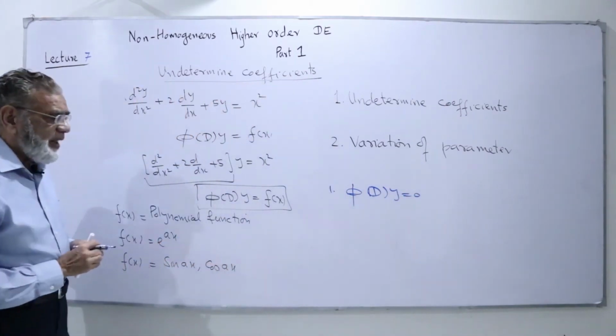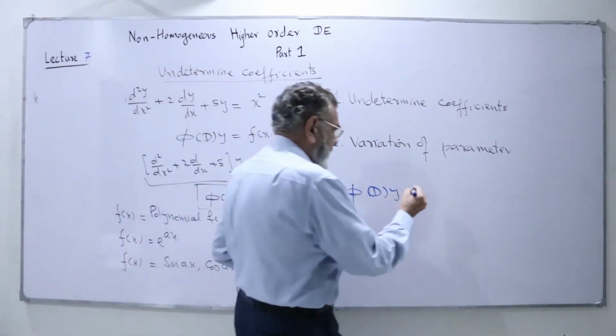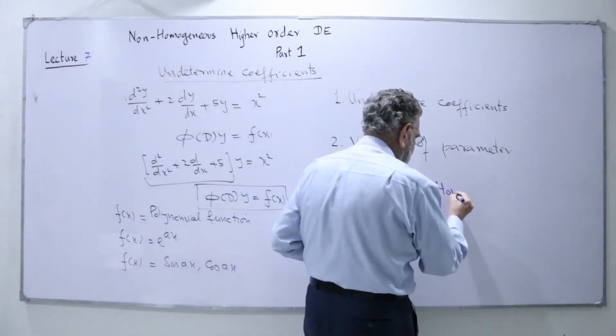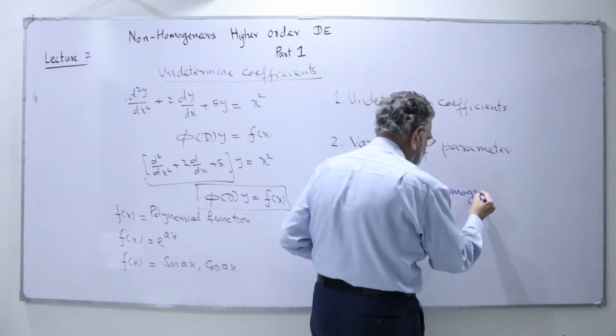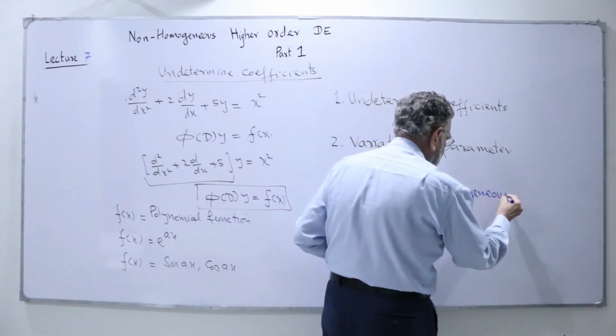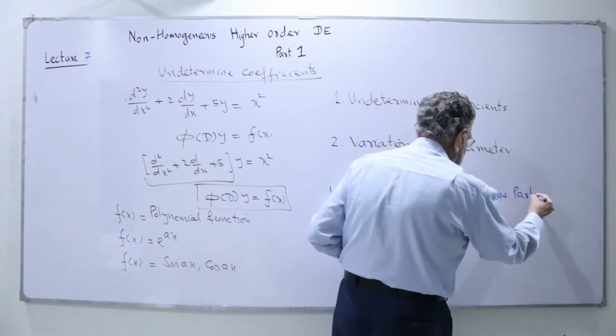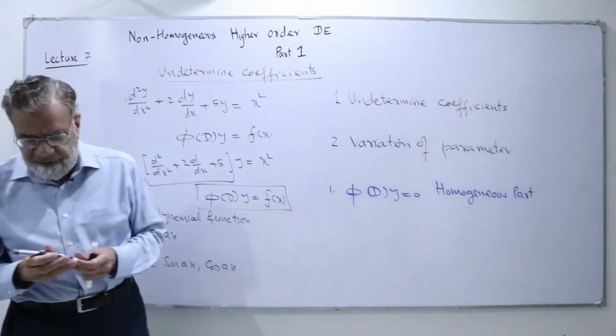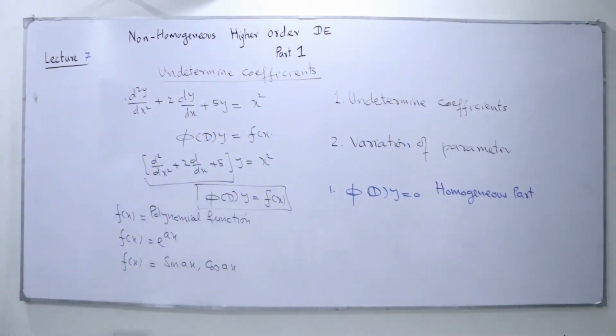Then we take the homogeneous part of the differential equation. We have already discussed the solution of the homogeneous part, and we already know how to find it. That's not difficult for us to solve.